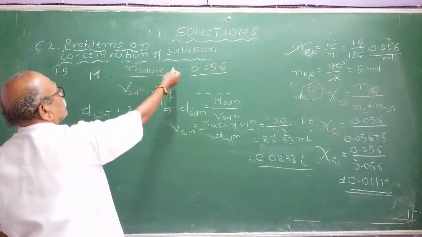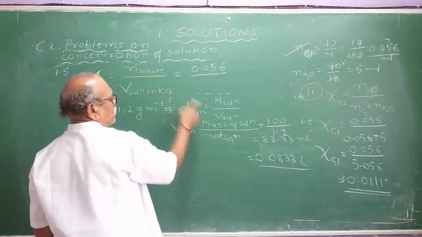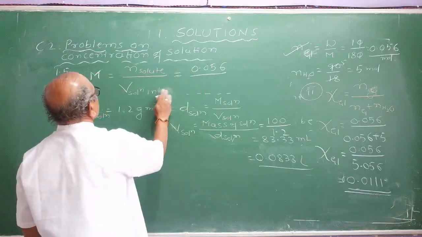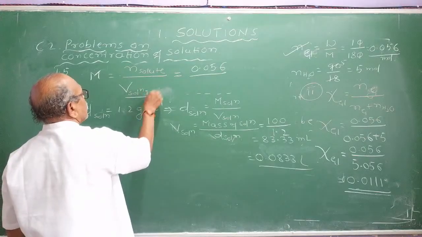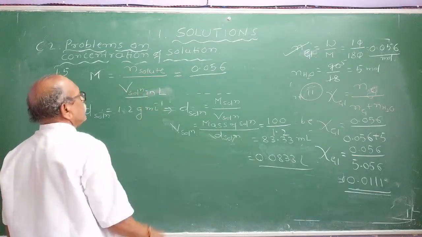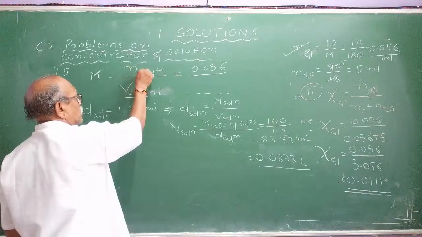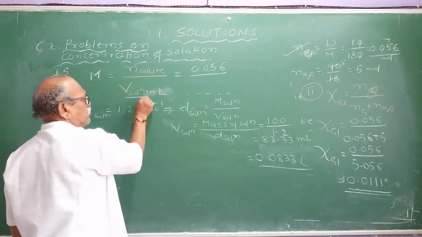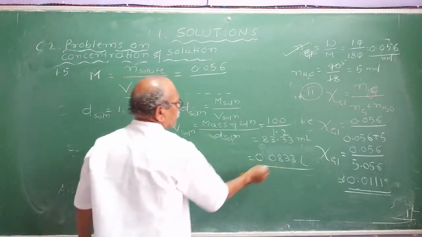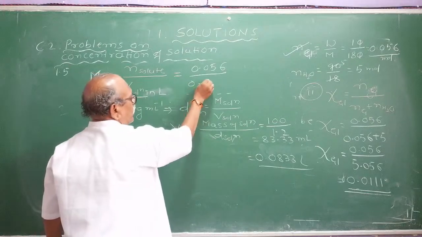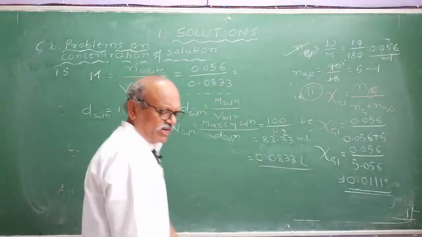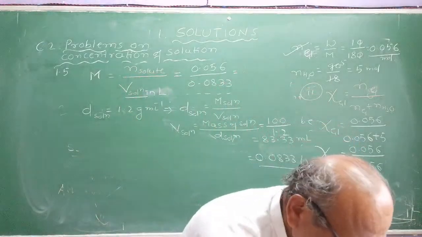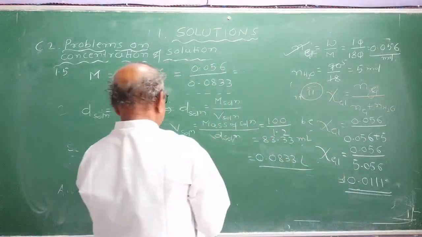Now substitute, fill in the blanks. What is the volume of the solution? Volume of the solution in liters for molarity. Molarity is equal to number of moles of the solute divided by volume of the solution in liters. Volume of the solution in liters, we got it as 0.0833. Just divide it, you will get the answer. What is the answer?